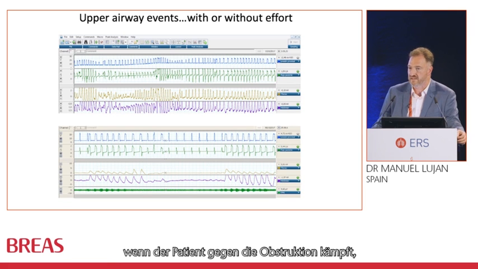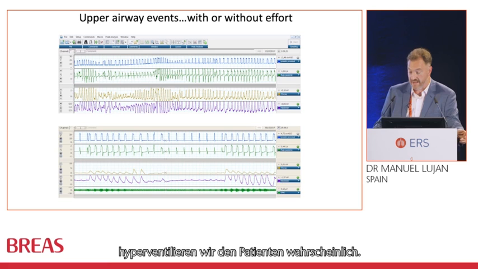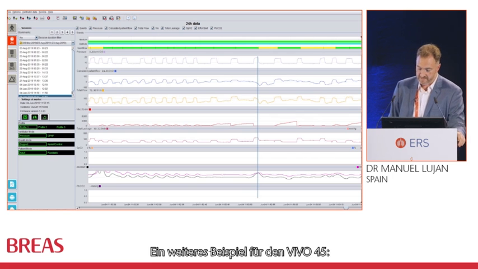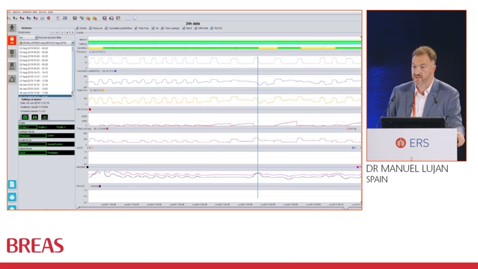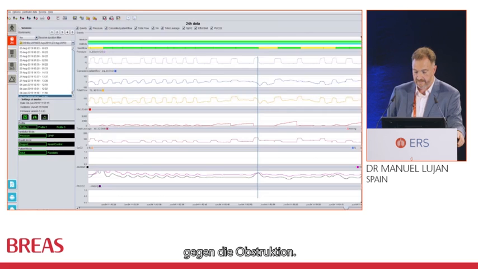If the patient is fighting against the obstruction, we should increase the EPAP. And if not, probably we are hyperventilating the patient. It's not only the tracing, it has clinical implication. Another example from the Vivo 45: during this flow reduction, there is an absence of abdominal and thoracic movements. In other words, the patient is not fighting against the obstruction.